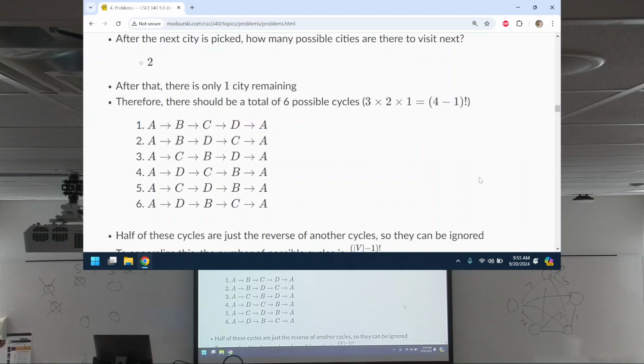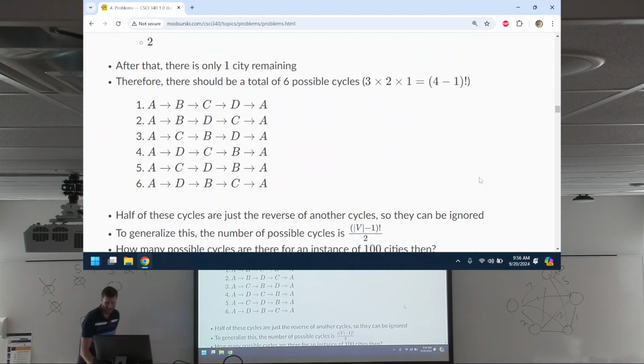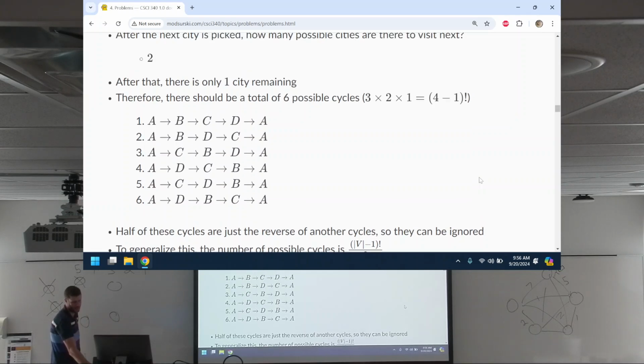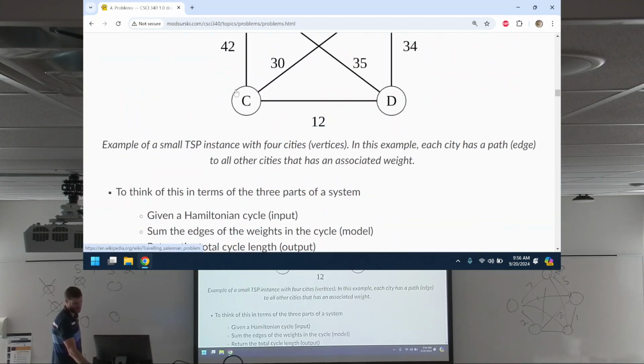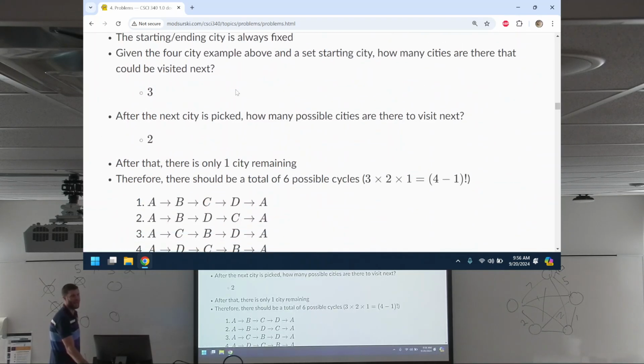But okay, whatever. Now, we can play a game where we prune this, where you consider the ones that are the same forwards and backwards, we can kind of ignore those. But at the end of the day, the total number of possible cycles where 1 is fixed is always going to be, where n is the number of cities, n minus 1 factorial, right?